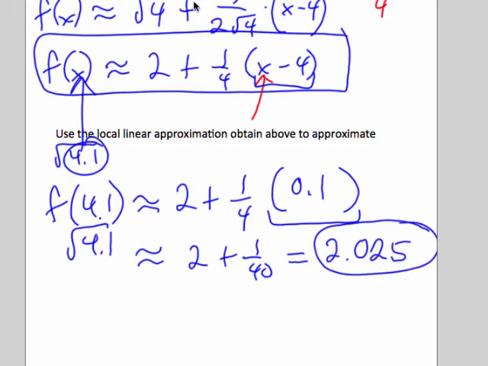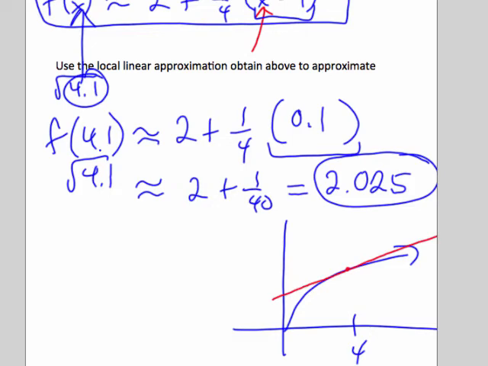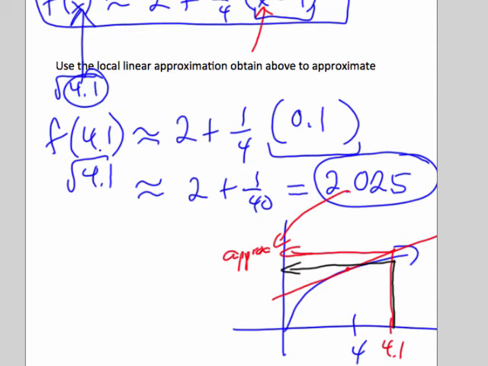If I just bring back the graph to recall how this all relates, I have my tangent line at x equals 4, and I've used it to approximate 4.1. That's really the y value on the tangent line. This is my approximation. My actual value at 4.1 is the y value on the square root graph. This is the actual.